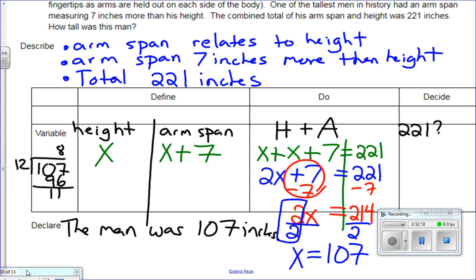How tall is the tallest man? This was the tallest man. Wasn't that guy like last grade? I don't remember. He didn't live very long, if I remember correctly. He's one of the tallest men. You were saying was, not is.